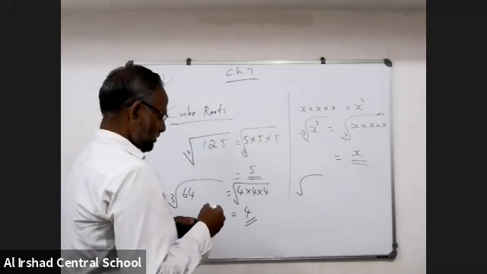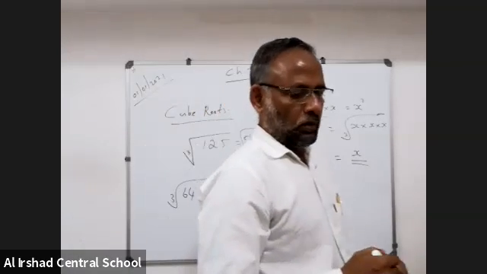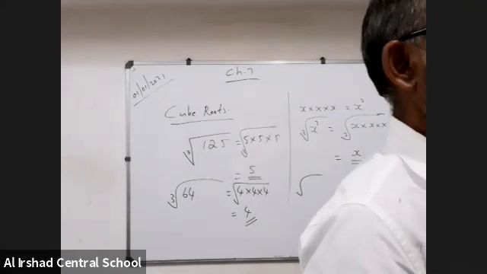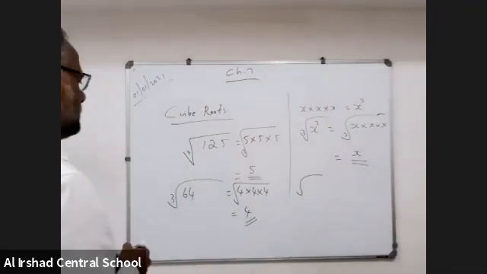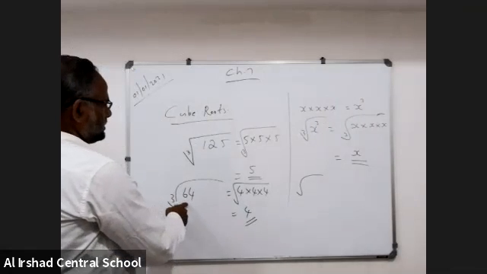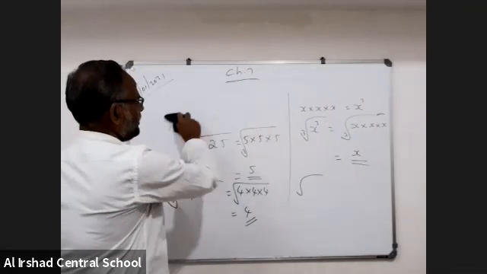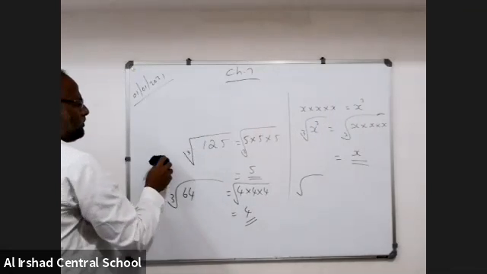Now, my question is, we did cube root of 64. Now suppose cube root of 1728. See 64, what is the method? Cube root of 64, how did we get it? 125, you know, 5 into 5 into 5.